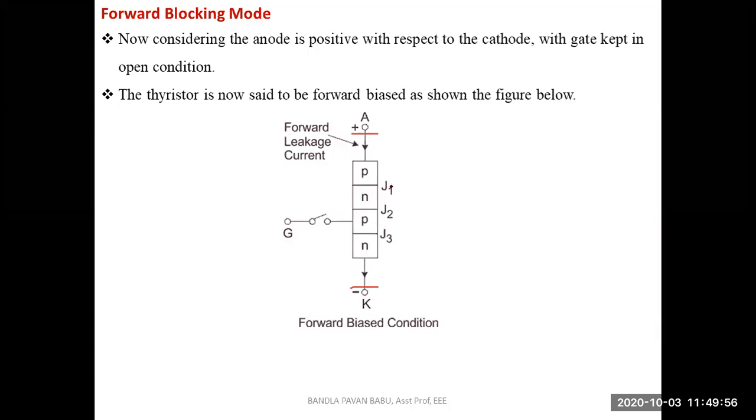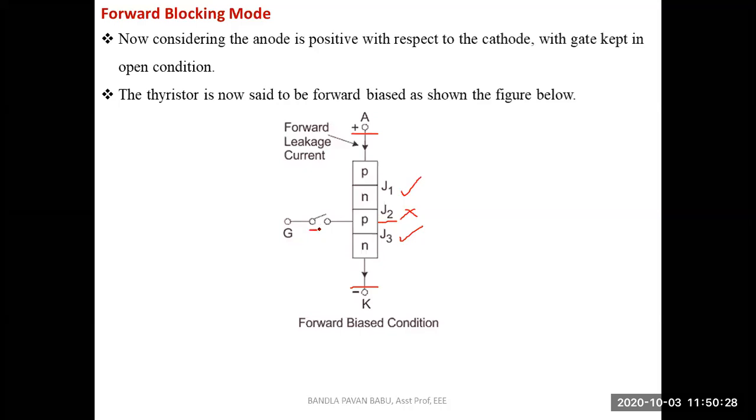What about the levels of these junctions, whether they are in forward bias or reverse bias? Junctions J1 and J3 will be in forward bias, because here N is negative and the P layer is fed with positive. So J1 and J3 will be in forward bias, and J2 only will be in reverse bias. That is the case in the forward blocking state.